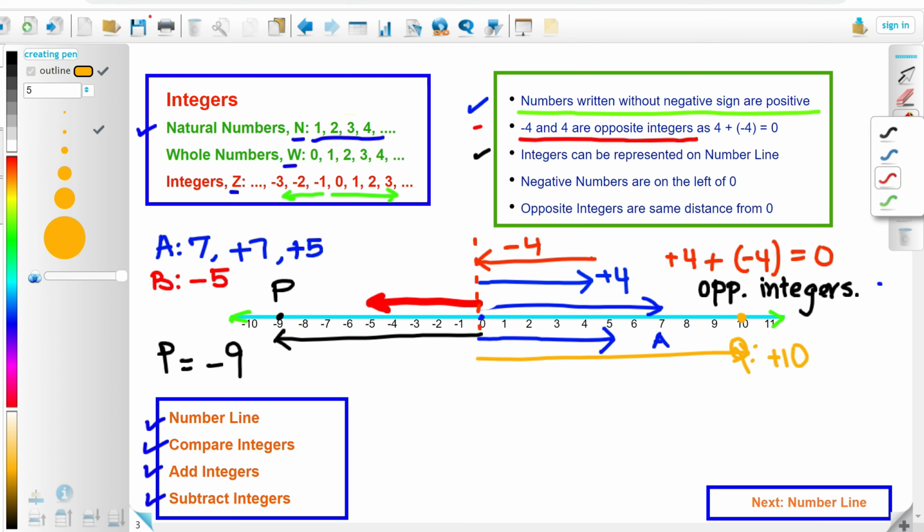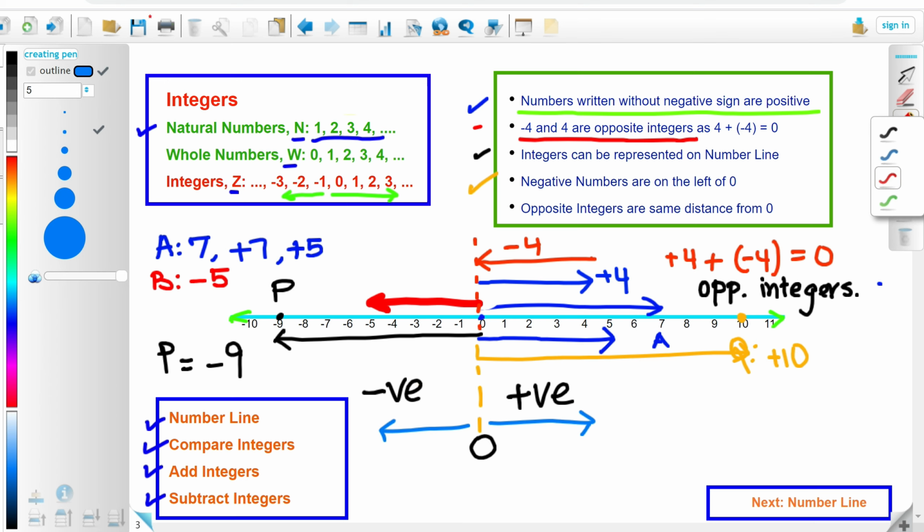Perfect. So what did we see here? Well, clearly we saw that the negative numbers are on the left of 0. So if this is our 0, then we are seeing that we have negative numbers on the left side and positive numbers on the right side of 0. So if you move towards the right side, it is positive numbers, but if you go towards the left side, it is negative numbers.